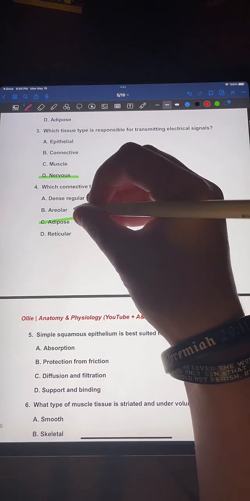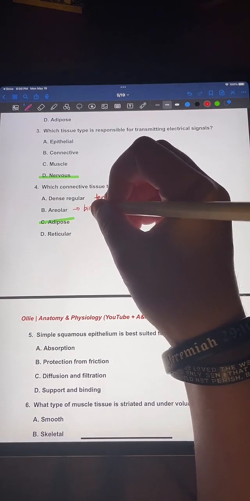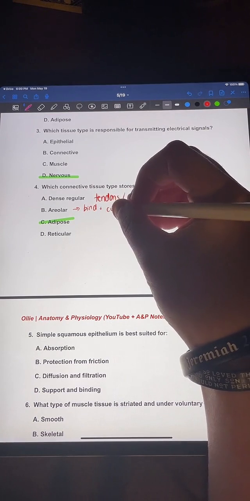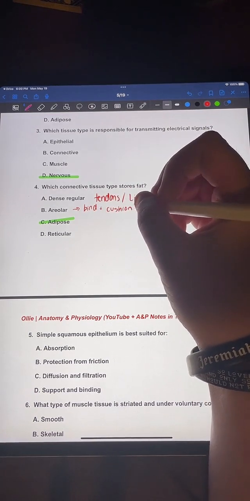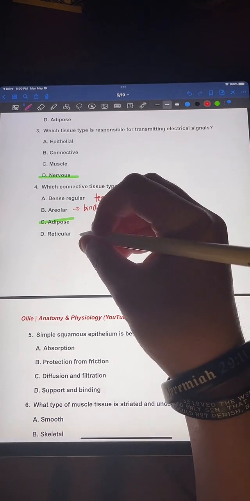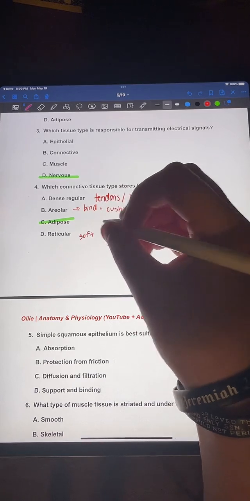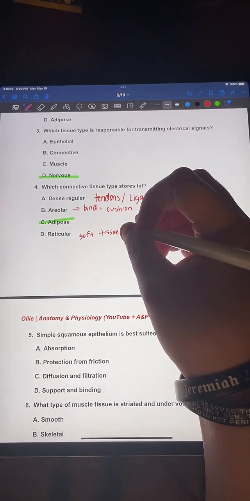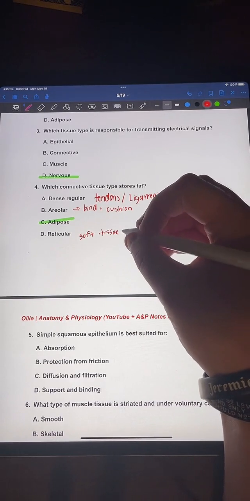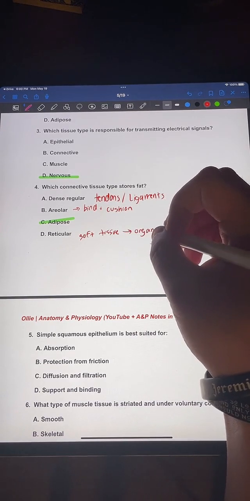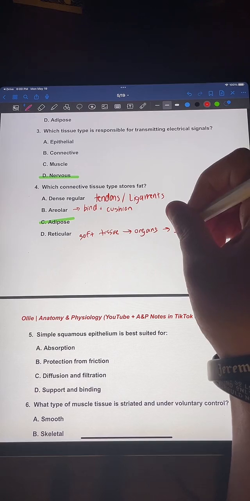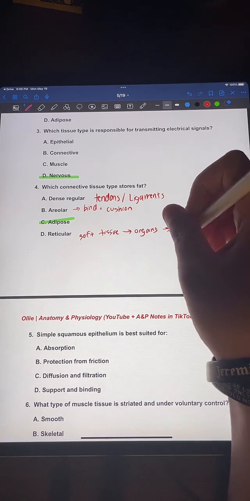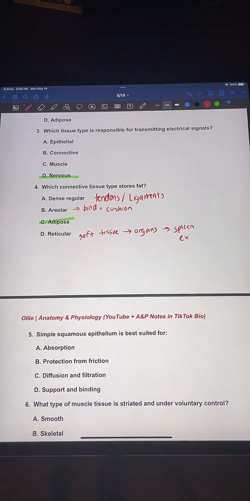Areolar is going to bind and cushion. Reticular, this is more for soft tissue, for your organs, like your spleen is an example. Just one example. There's other examples as well.